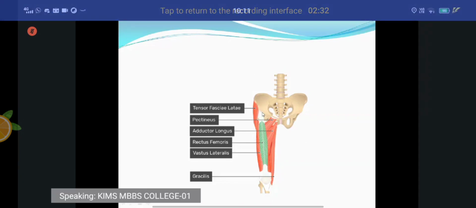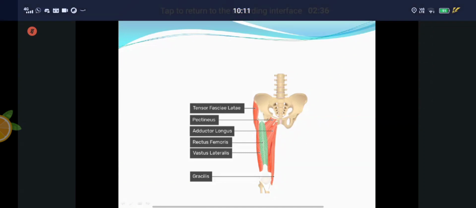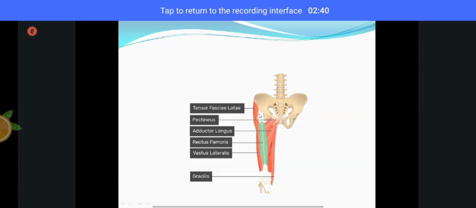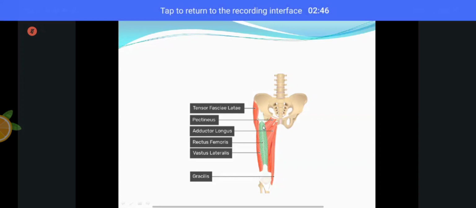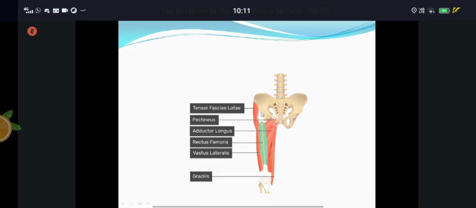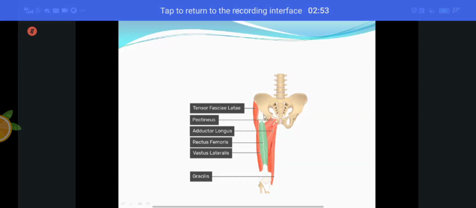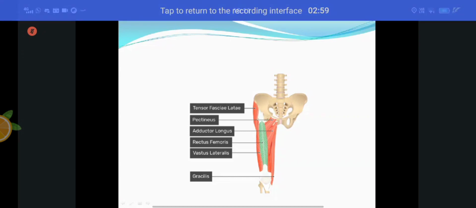And the reflected head gets its origin from the gluteal surface below the inferior gluteal line. So the rectus femoris has a straight head and a reflected head. The straight head arises from the notch between the anterior superior iliac spine and anterior inferior iliac spine, and the reflected head arises from the gluteal region of the ilium below the inferior gluteal line.